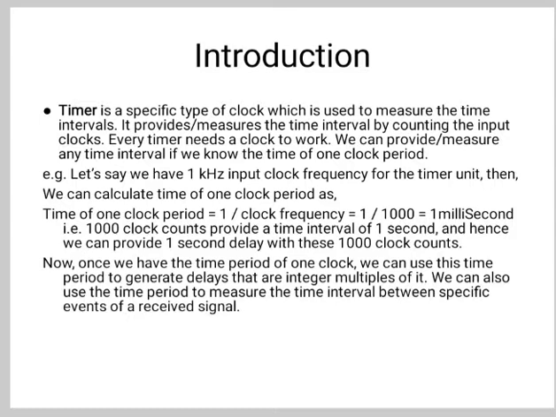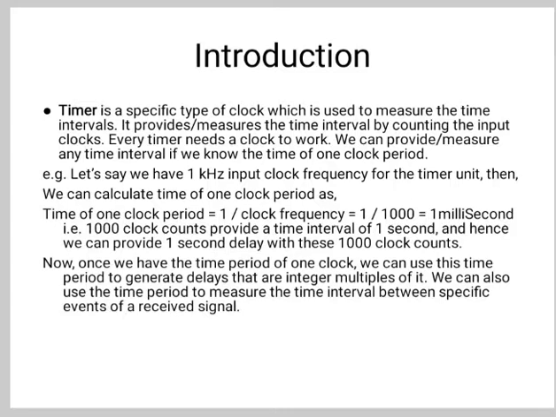Now bit 0 is counter enable. So 0 means counters are disabled, and 1 means timer counter and prescale counter are enabled for counting.